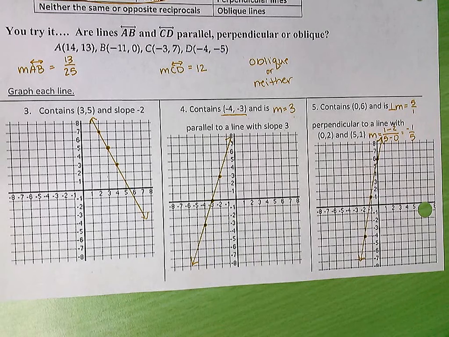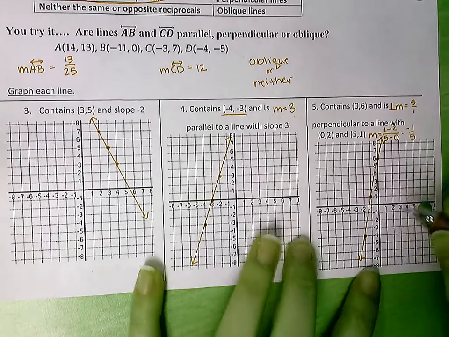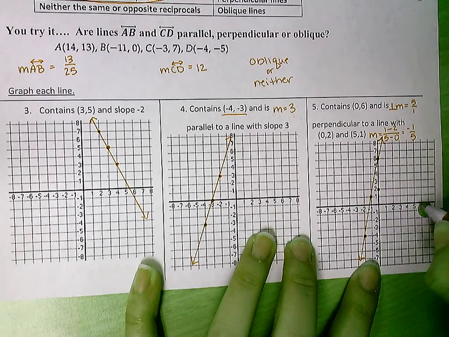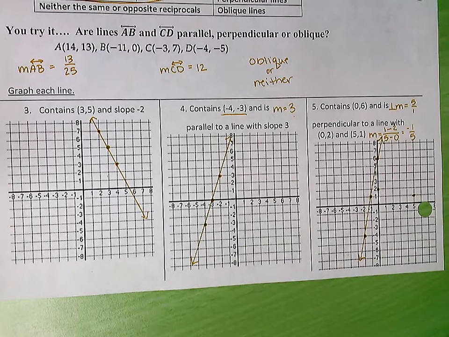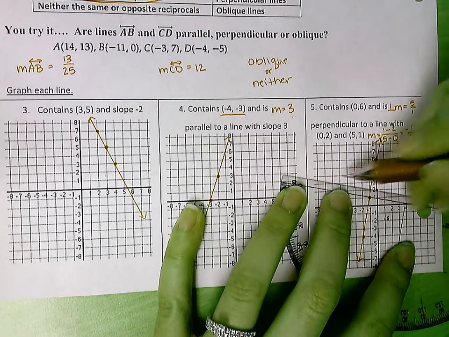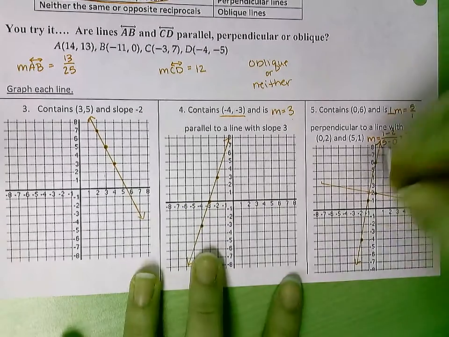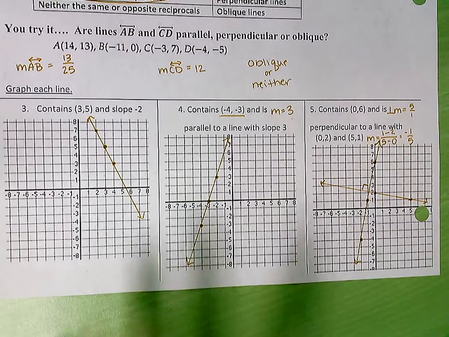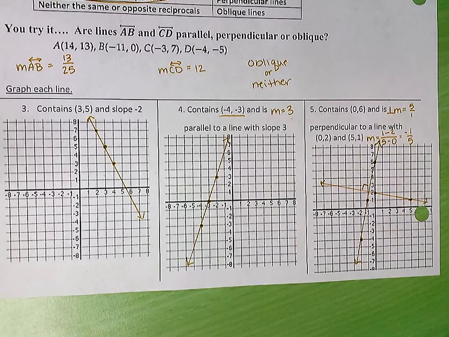So if you drew in the other line, with those other 2 points, and found your slope that way, you should see they are perpendicular. And if you want to do that, just to make sure, you can. So if I go 0, 2, 5, 1, if I plot those 2 points and I draw those in, your lines should look perpendicular to each other where they intersect. Okay, if they don't, then you messed up your slope somehow.